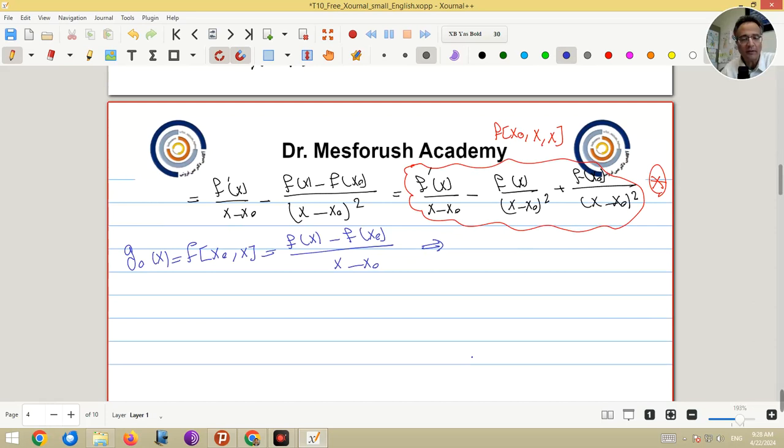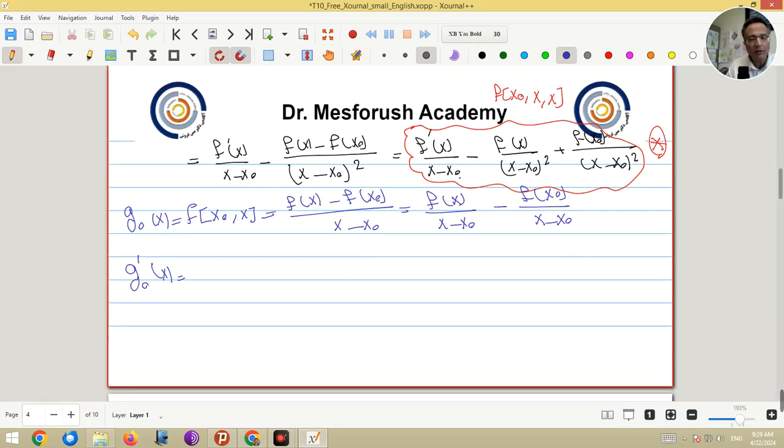If I continue and compute g0 prime of x, I write one more simplification: f of x over x minus x0 minus f of x0 over x minus x0.